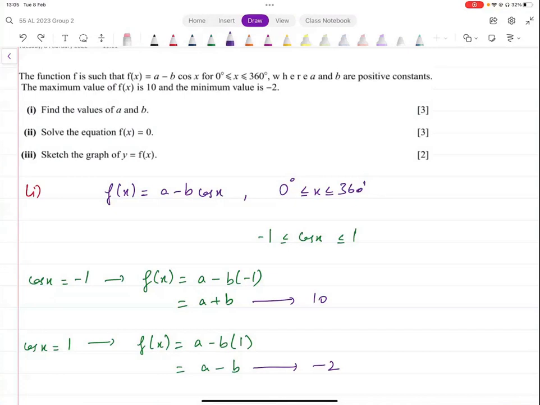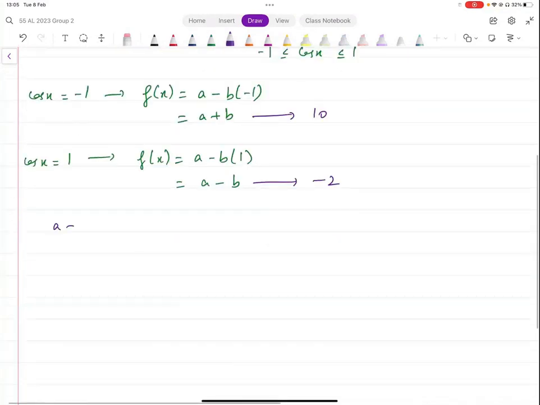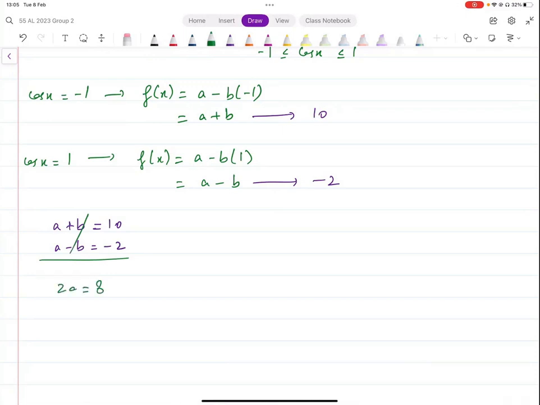So you can say a plus b equals 10 and a minus b equals -2, and you can find the values of a and b from this. Using elimination, you get 2a equals 8 and a equals 4. Then 4 plus b equals 10, so b equals 6. A is equal to 4 and b equals 6.